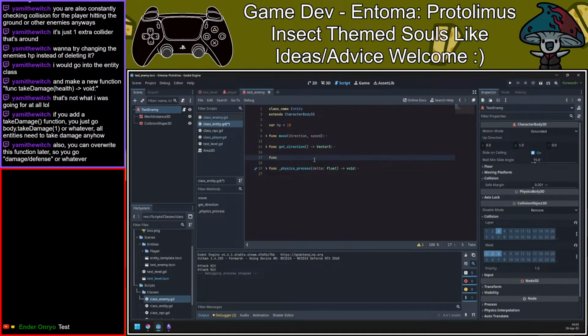Function die. Would take damage be a void?